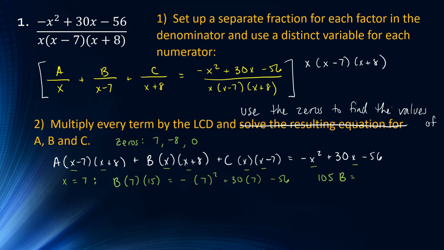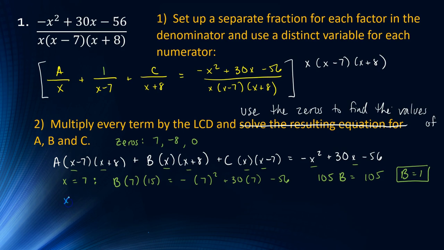So if I took negative 49 plus 210 minus 56 on my calculator, you're going to end up with 105 on the right side. So if we divide both sides by 105, I get b equals 1. Okay, so we got our first numerator. So in other words, we know in this original equation that b would equal 1.